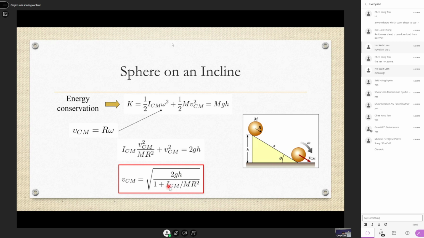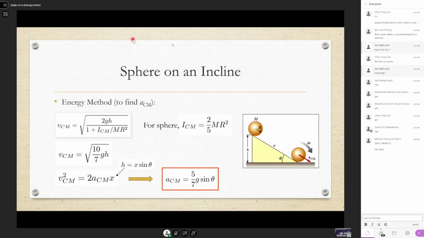You can also see that it's affected by things like the I and the R. This is the moment of inertia. The higher the moment of inertia, that means higher resistance, it is going to give you a lower VCM. You can see it's in the denominator. So the higher ICM is going to give you lower VCM because of more resistance.